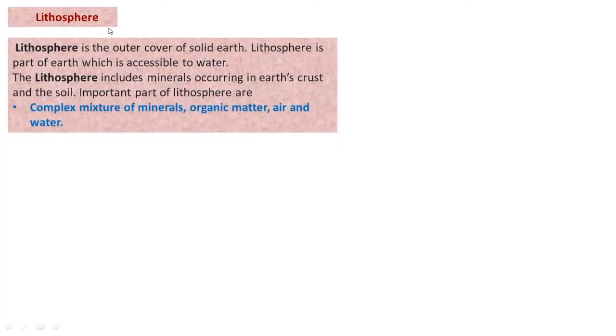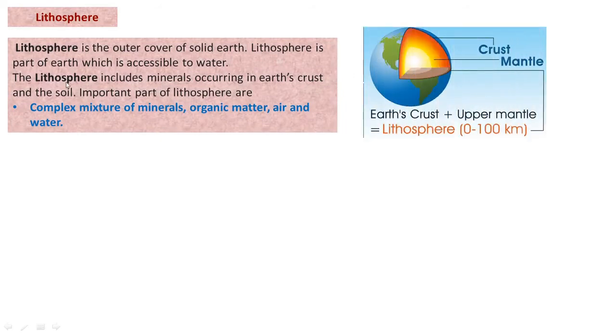The next is the lithosphere. So what is the lithosphere? It is the outer cover of the solid earth which is accessible to water. This generally includes the minerals occurring in the earth's crust and the soil, and the important part of the lithosphere is the complex mixture of minerals, organic matter, air and water.